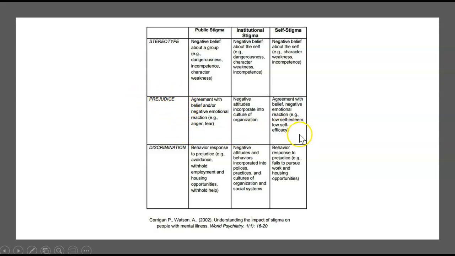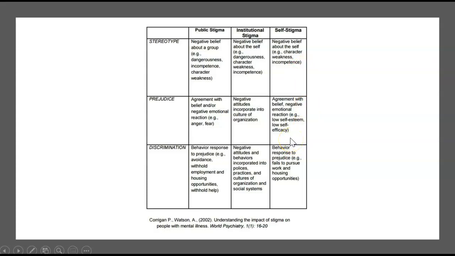And then on the self-stigma side, very consistent with what we saw above with stereotypes, you can self-label prejudice, meaning you not only believe the stereotype and you've internalized it, but you have self-hatred that's associated with it.